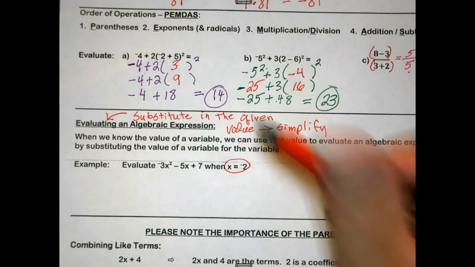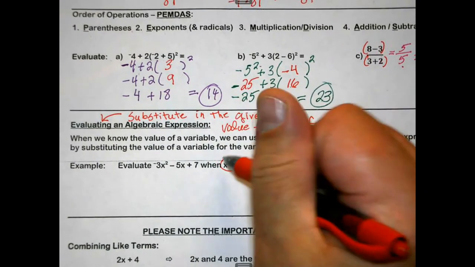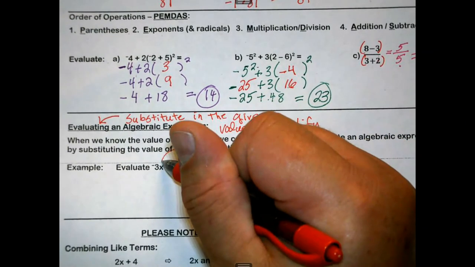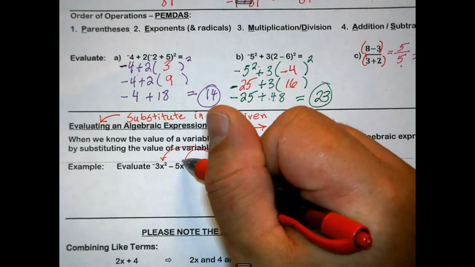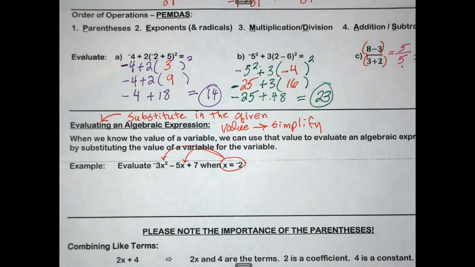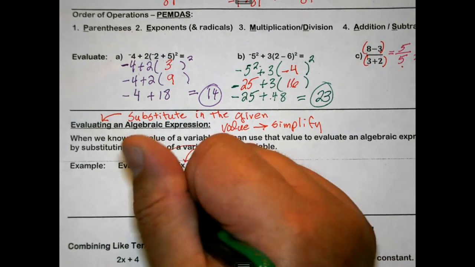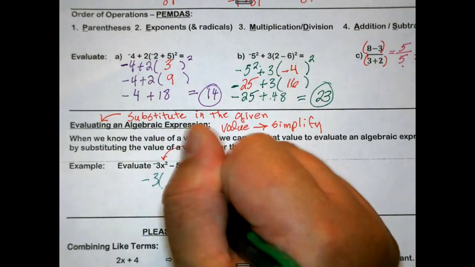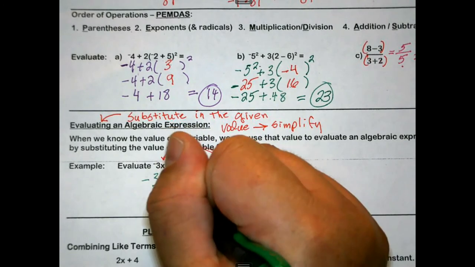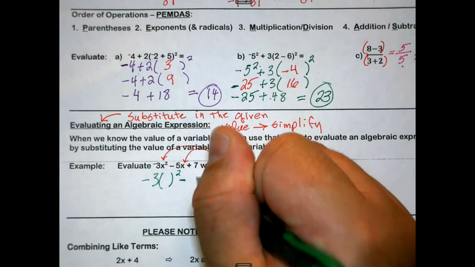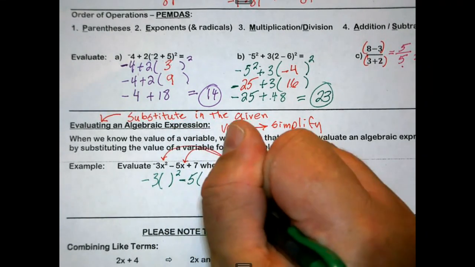Wherever there's an x, I'm going to substitute in that value and then simplify. Even to this day, when I'm evaluating, I use parentheses. I know it's a pain in the butt, but wherever you have an x, put in those parentheses and leave everything else the same.